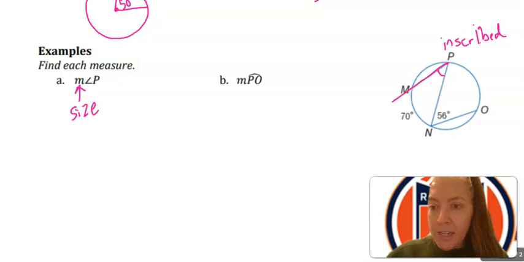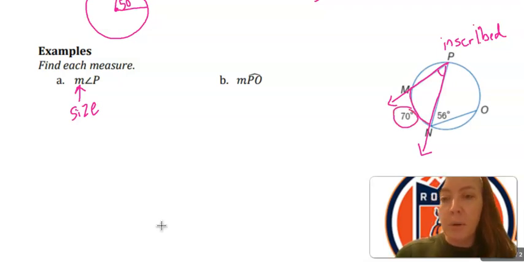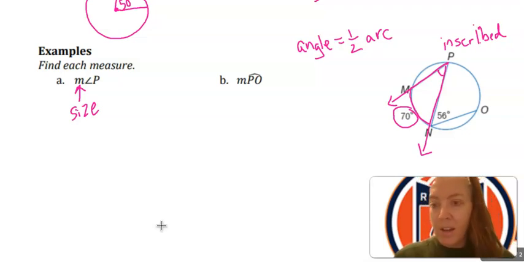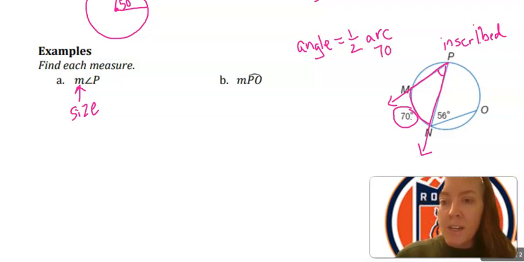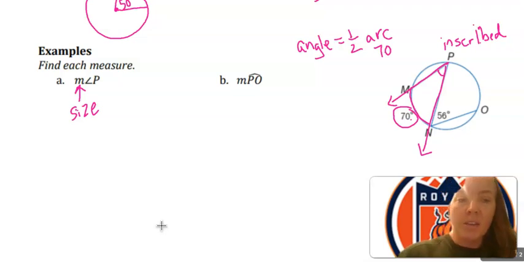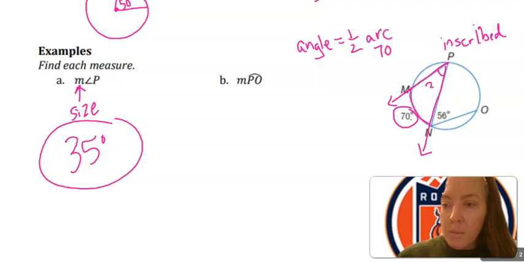What I do is I like to extend the sides, so then I know the arc goes from side to side. So its arc is 70. Remember, my angle is equal to half of the arc, and we have the arc. So half of 70 gives us 35. I'll go ahead and label that.